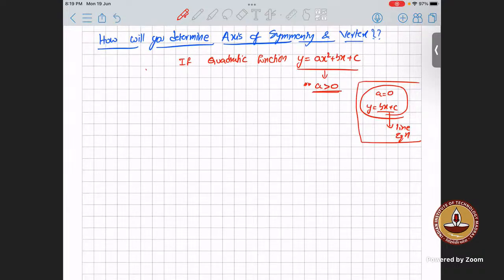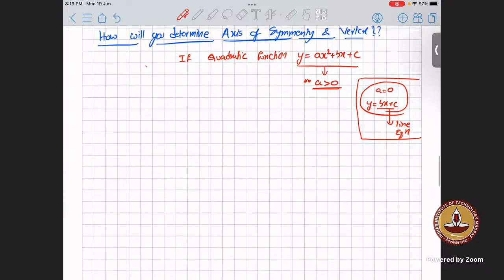If the quadratic function is in the form y equal to ax square plus bx plus c, then the axis of symmetry lies at, can anyone tell? A can be negative also.